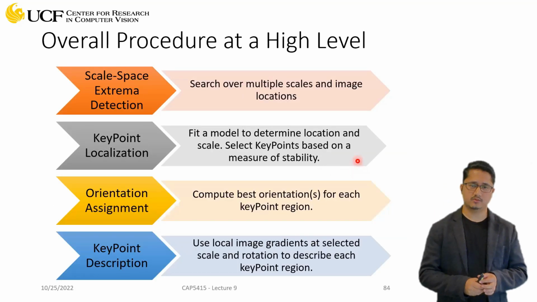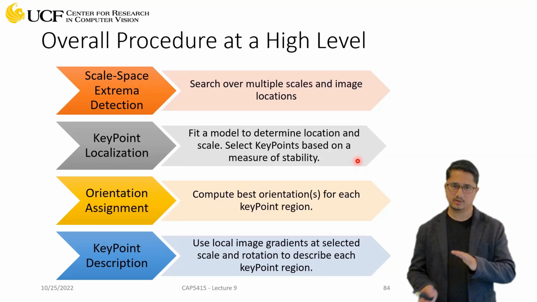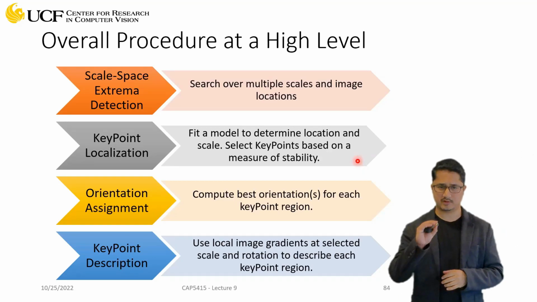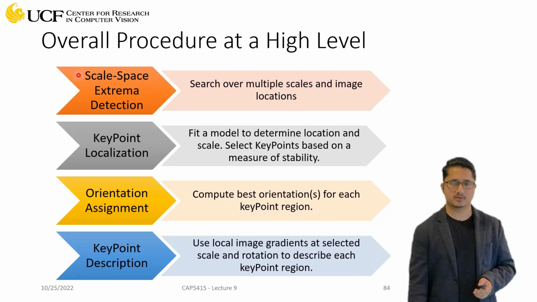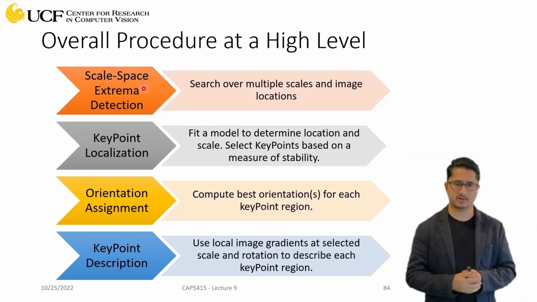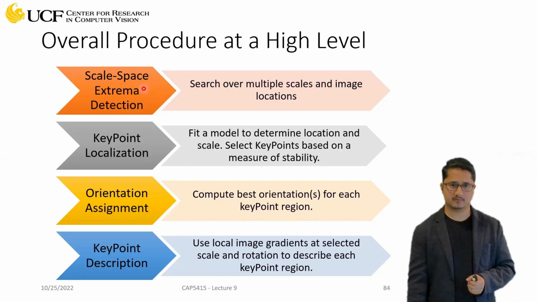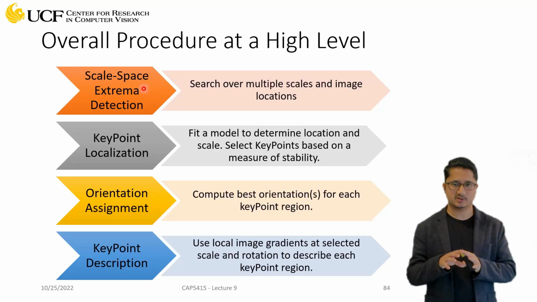Okay, so let's try to understand the full algorithm first at a high level. Then we'll try to understand each of these steps in more detail. The first step is you perform scale space detection. You first try to detect those key points, but before doing that, your search space is actually pretty huge.